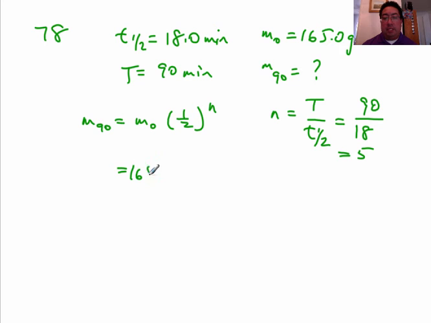So this would be equal to 165.0 times 1/2 to the 5th. 165 times 0.5 to the 5th, and I end up with 5.16 grams. Or again, you can take 165 and keep dividing it by 1/2 5 separate times, and you'd end up with about the same answer. Either way is acceptable.